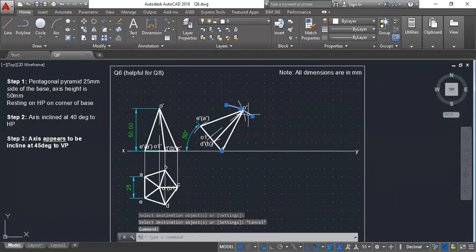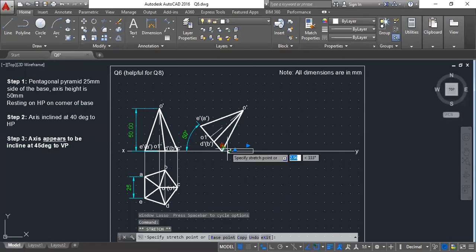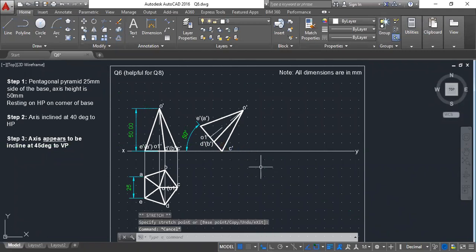Once you get all these things, you can remove the extra arcs that you have drawn in the construction process, which are not required now. You can happily erase them. Let me just move the C prime a bit aside. So this is how I'm going to do the second step.